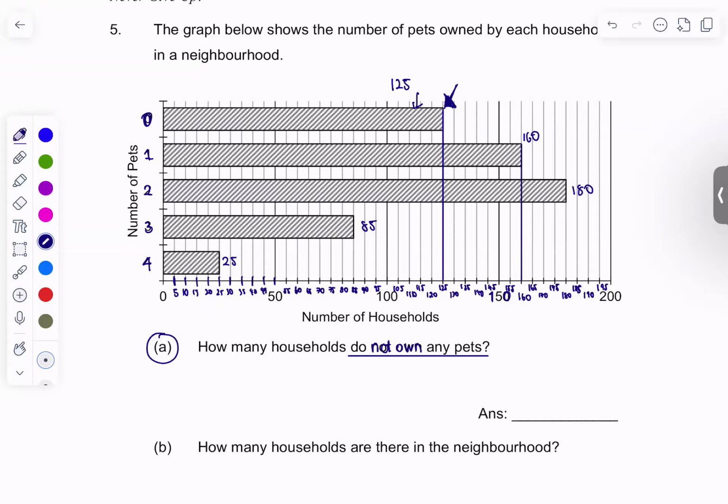Does the 5 come? What 5? Just now you said 0, 1, 2, 3, 4, 5. Okay. No, the 5 doesn't count.